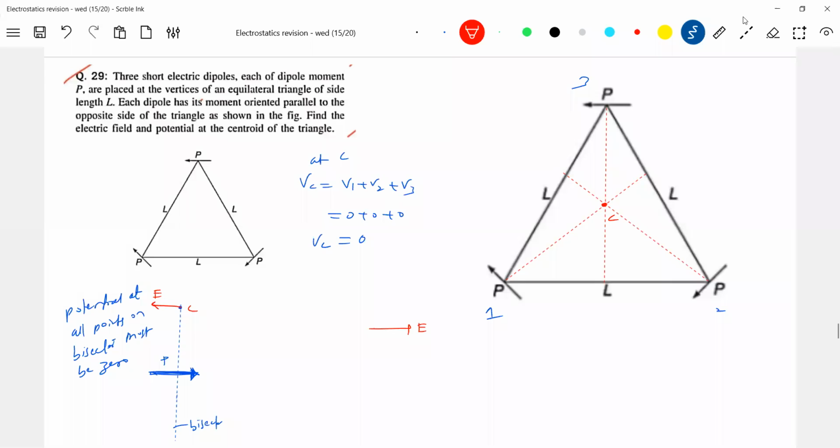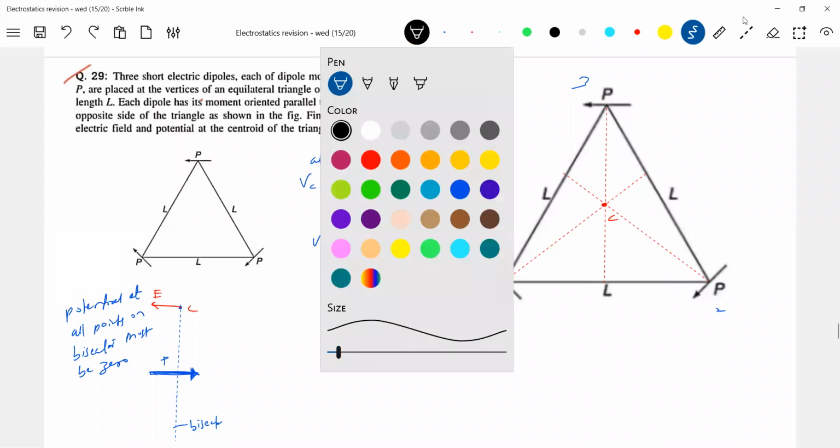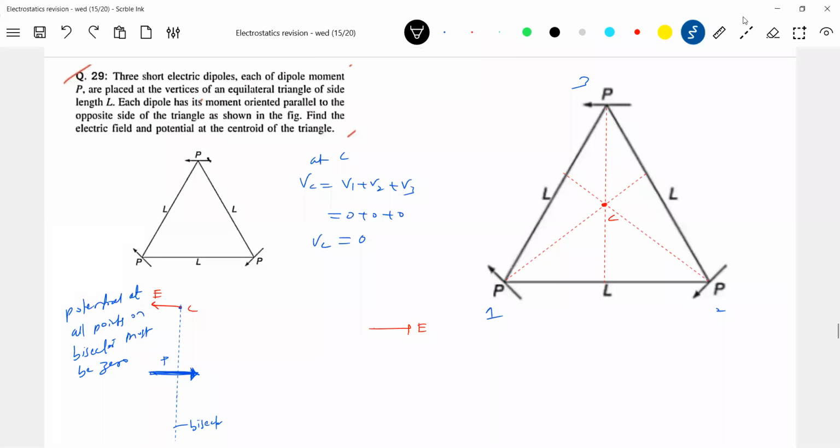So let's calculate the field. Oh, I think the arrow, I'll change it. This arrow should be here. Now check it. Now it is symmetric. No symmetry will come.